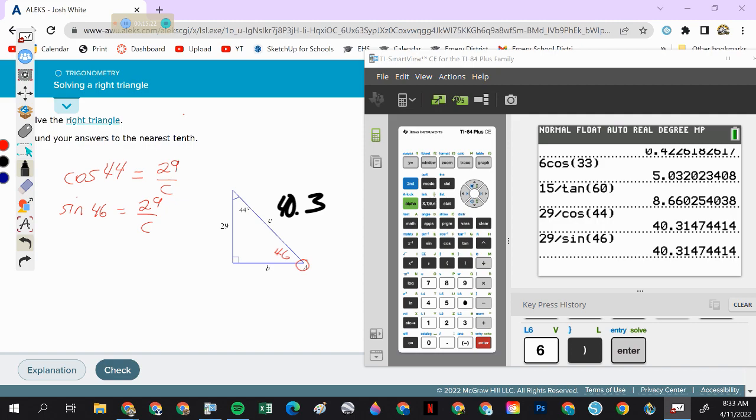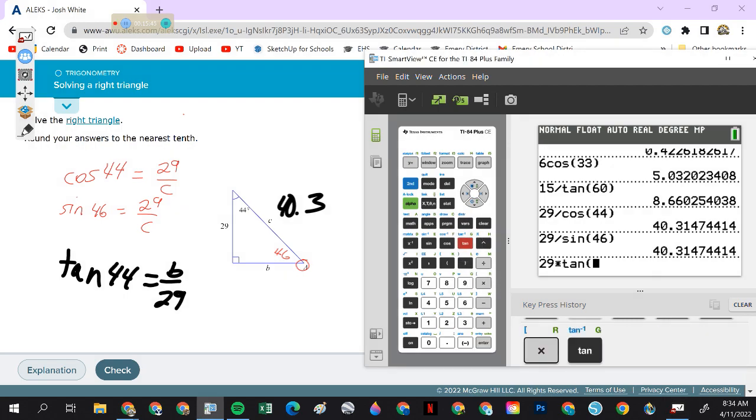How would I solve for b? I could do the tangent of 44 is b over 29, and that's a multiply problem. So 29 times the tangent of 44.